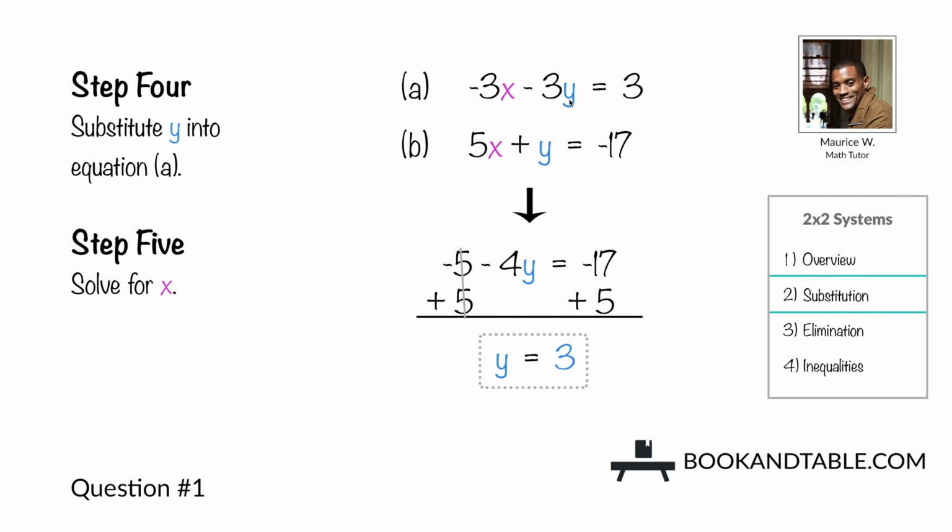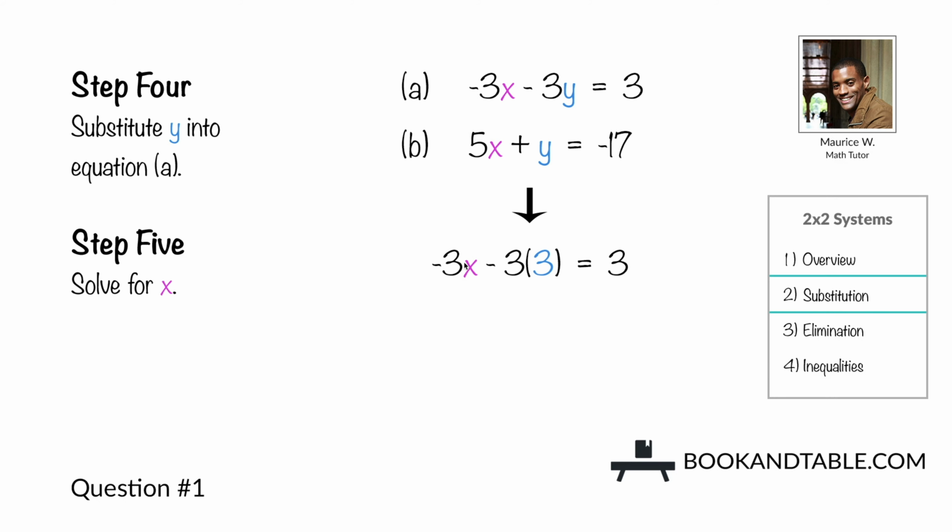So we'll plug it in here, and then step 5, we'll solve for x, giving us negative 3x minus 3 times 3 is equal to 3. Negative 3 times 3 is equal to negative 9. We'll now add 9 to both sides to get rid of negative 9 on this side, giving us negative 3x is equal to 3 plus 9, which is 12.